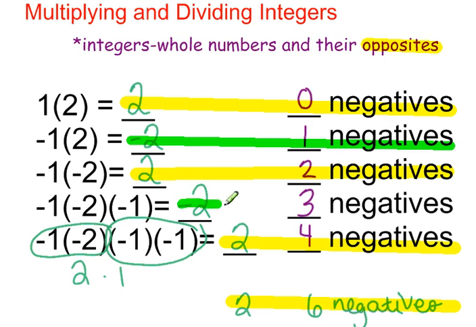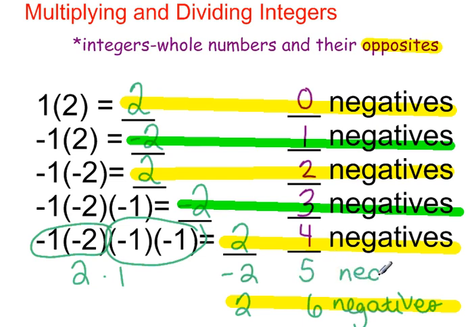I got a negative answer when there was 3. I bet I would get a -2 if there were 5 negatives. What kind of numbers are these that I'm highlighting in green? They are odd. 1, 3, and 5.